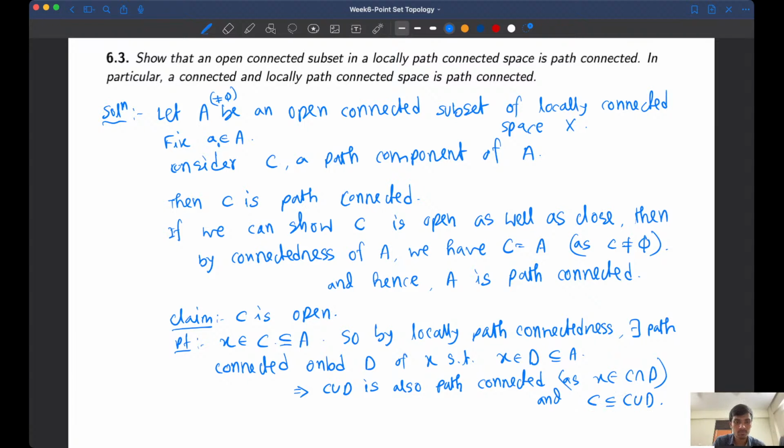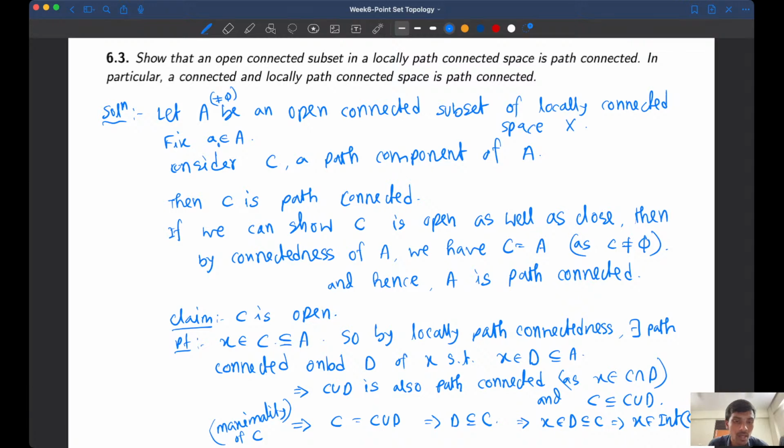So maximality of C will imply that C equals C union D. This implies D is contained inside C, and D is open, so hence this X is an interior point. X belongs to D, contained inside C. This implies X belongs to the interior of C, hence X is an interior point, hence C is open as X is an arbitrary point.